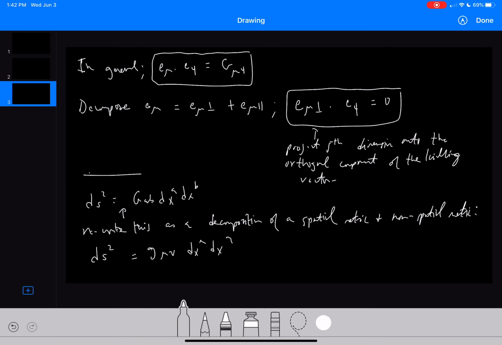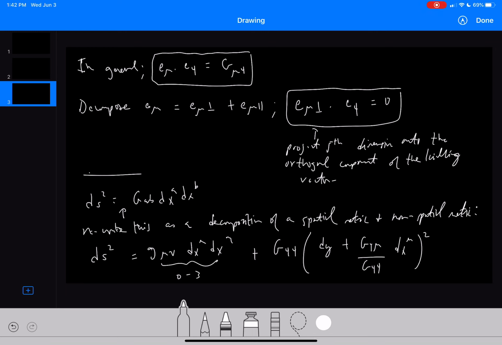Right? And then this will be our component of a metric where the indices, as I said before, go from 0 to 3. So I'm writing it again so it's easy to keep track of. And then we'll add the other part here: G44 (dy plus G4 mu over G44 dx mu) squared.